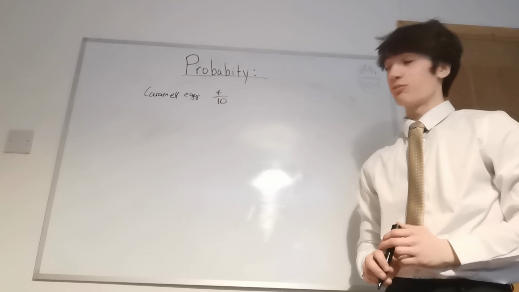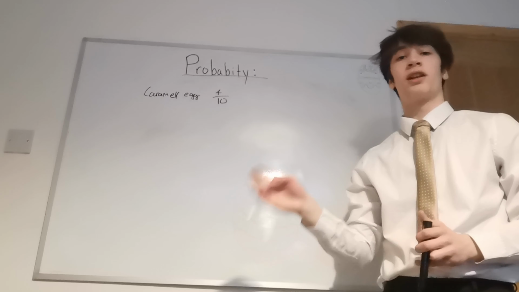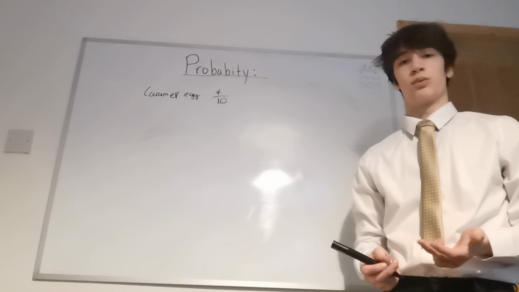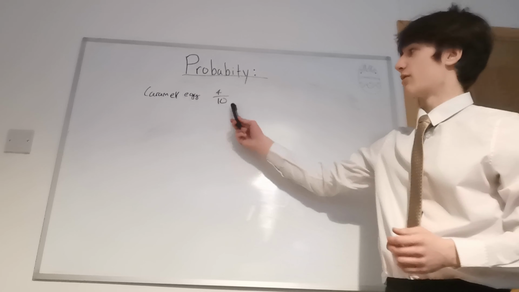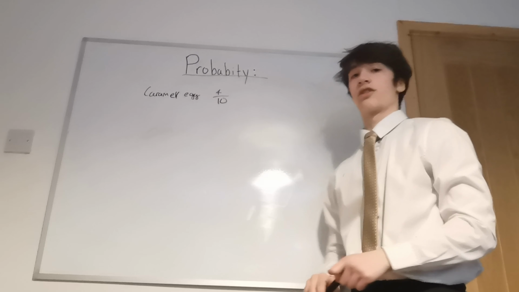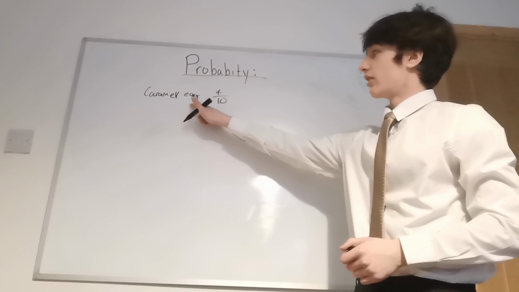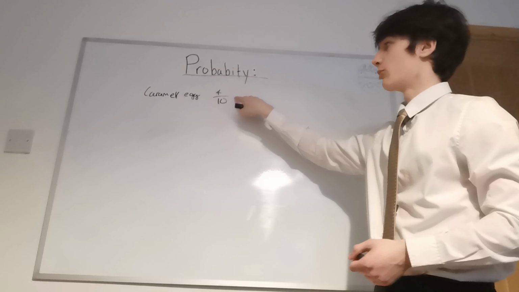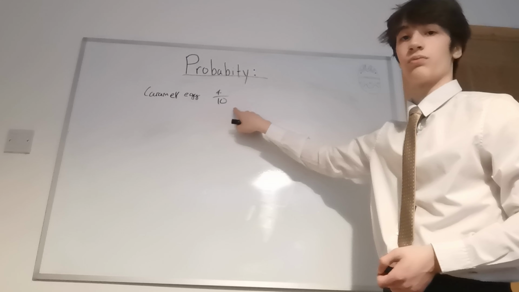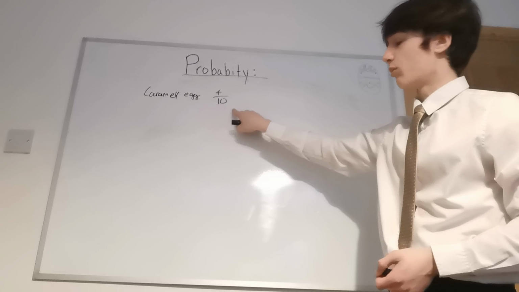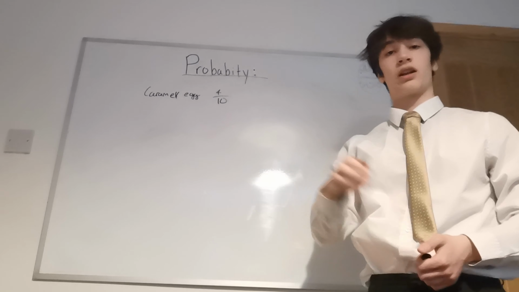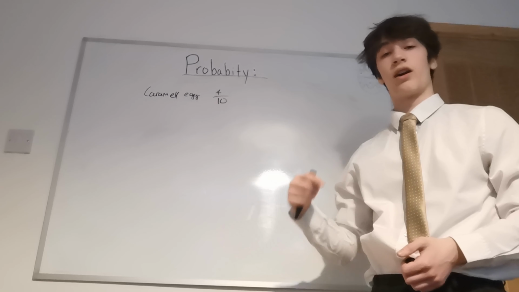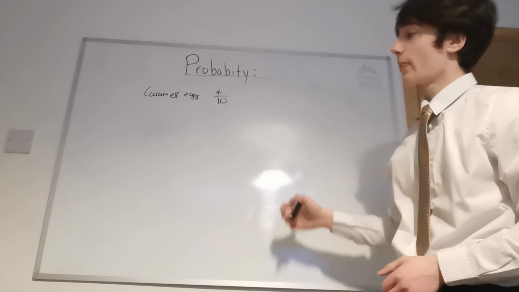Okay, so we've looked at examples where we've replaced the egg, and that's independent probability. Now we're going to look at dependent probability with this short example. The probability of getting a caramel egg the first time is 4 over 10, because there's 4 caramel eggs and there's 10 eggs in total. So say I wanted to work out the probability of picking out 2 caramel eggs without replacing the first one.